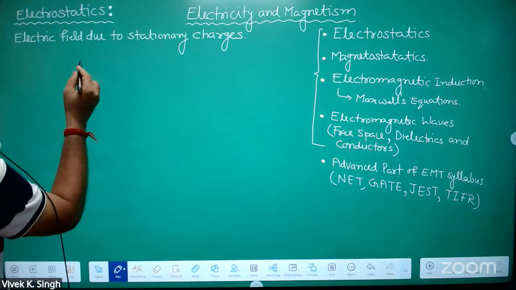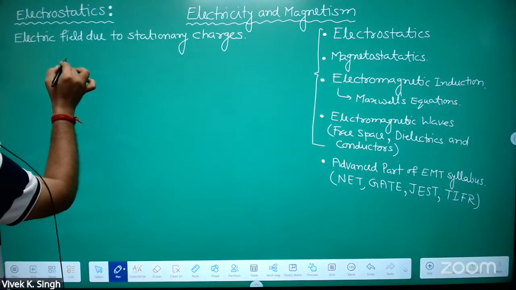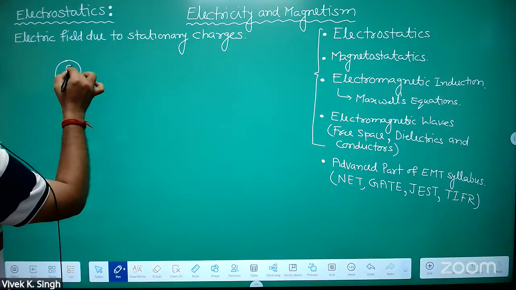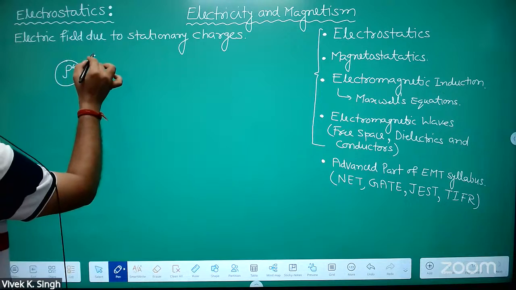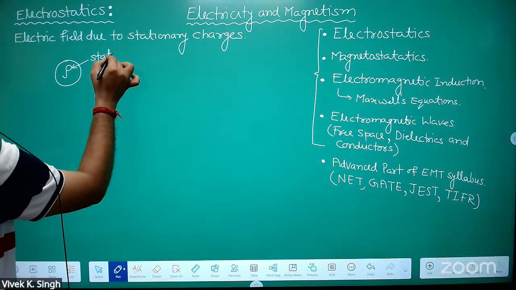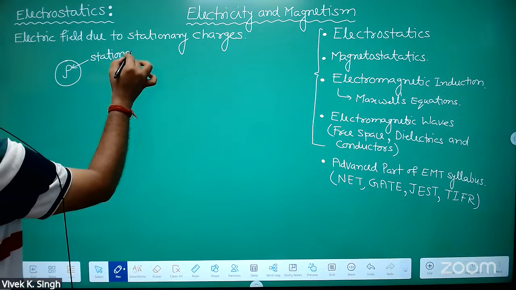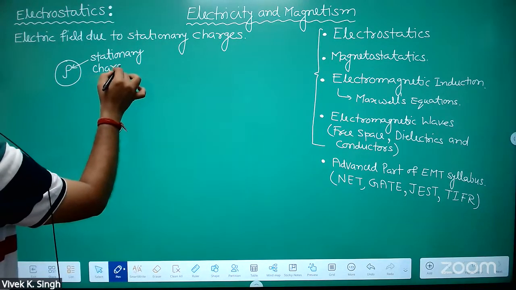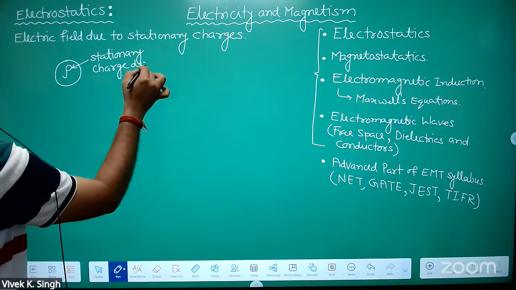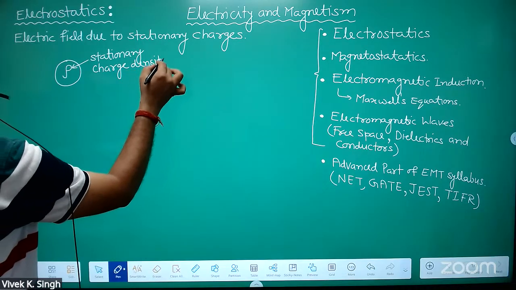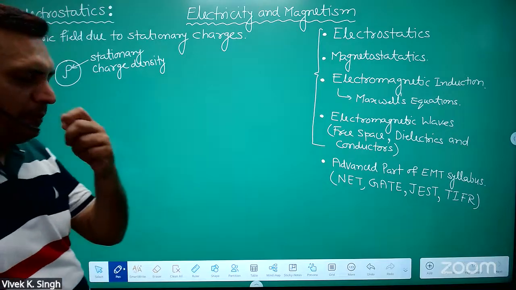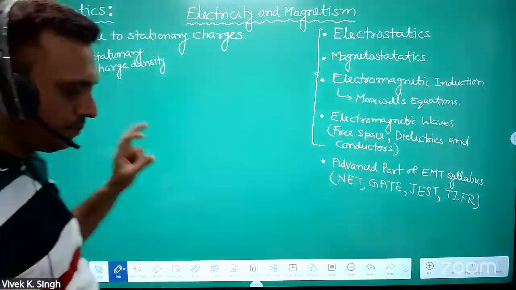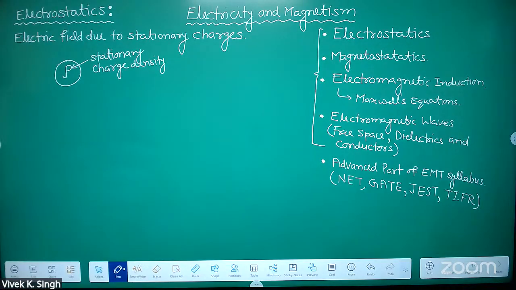So in general, we talk about charge density. Let's say general cases, charge density. We have stationary charge density. So source is stationary charge density. It may be point charge, it may be surface charge, line charge, anything, but I'm talking about the general case.